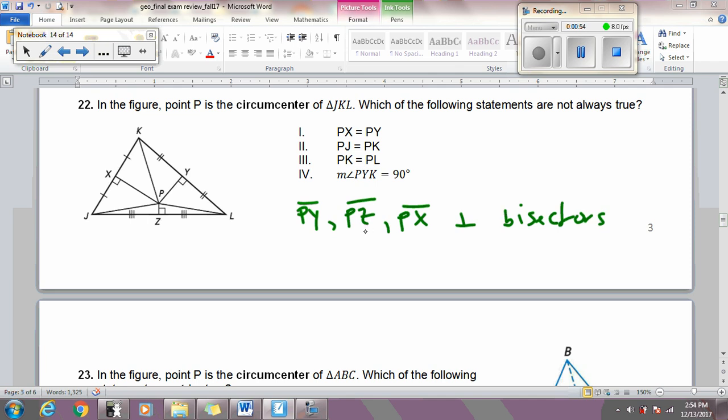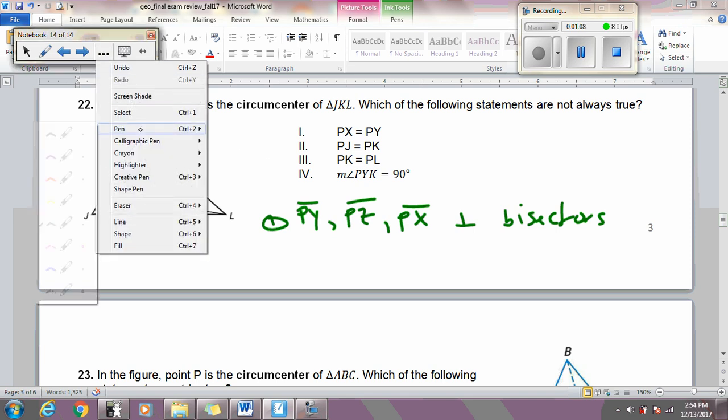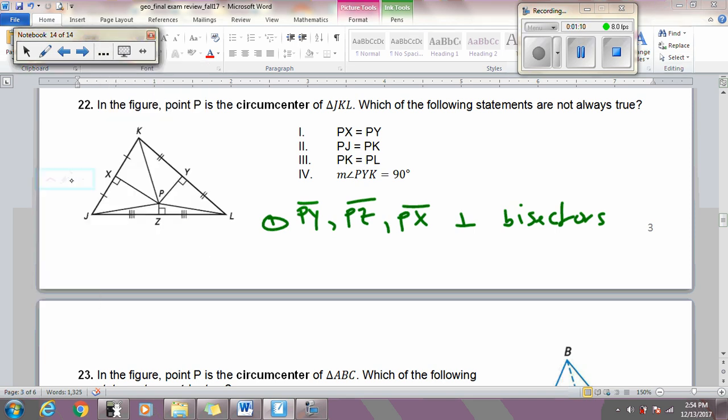And as you can see, they all have P in their name, so that's the meeting spot. So that's why P is the circumcenter. So that's one criteria for a circumcenter. The other criteria of a circumcenter is that it is equidistant to all vertices.